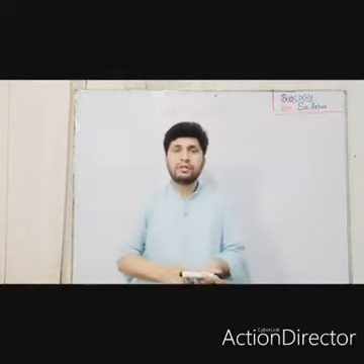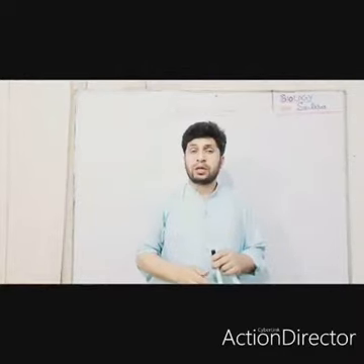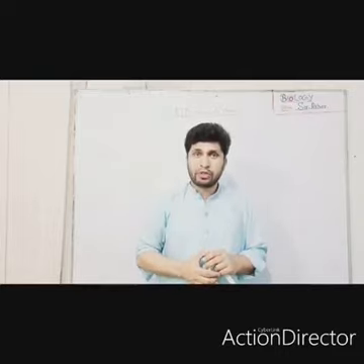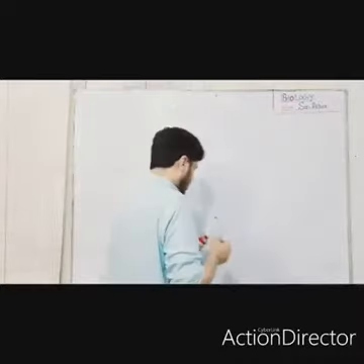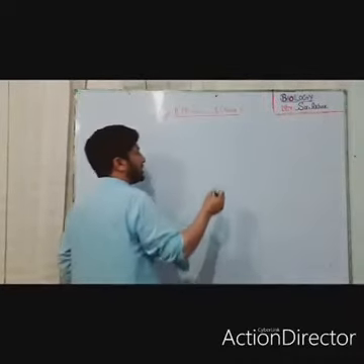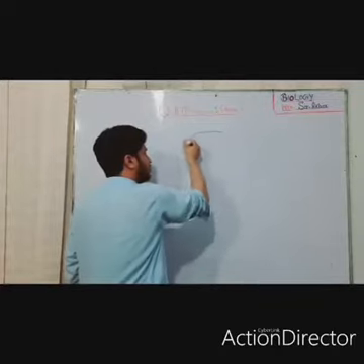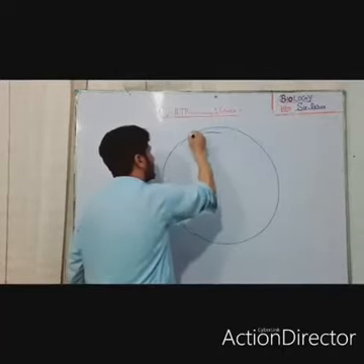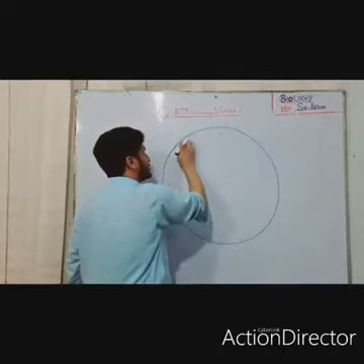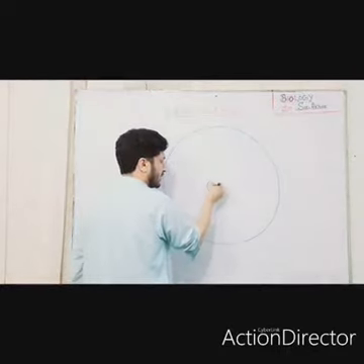Dear student, as we know, the process of glucose breakdown occurs in different portions of a cell. So first of all, we will draw a basic diagram of a cell so that we can understand which process of glucose breakdown occurs in which portion of a cell. For example, this is the basic diagram of an animal cell.